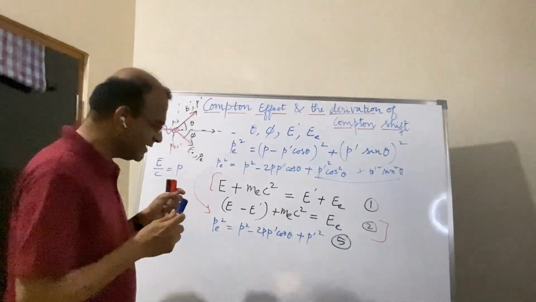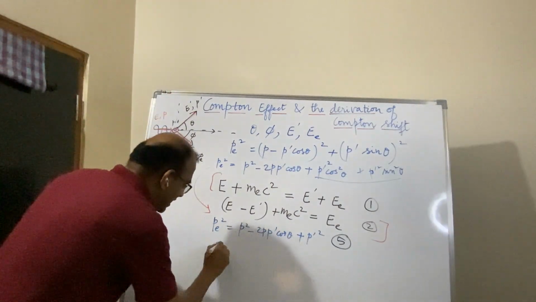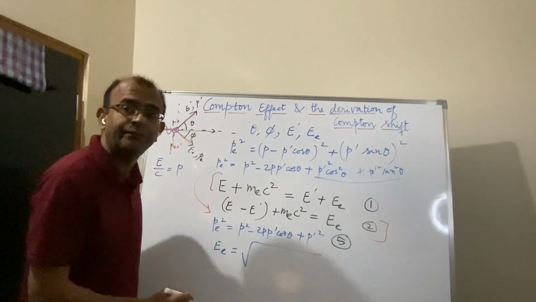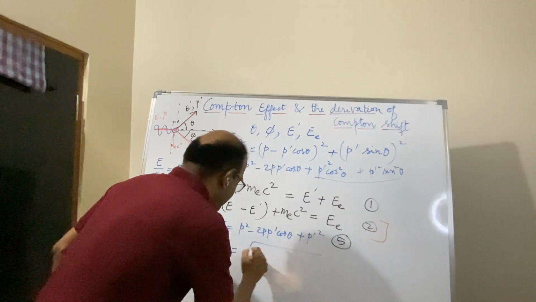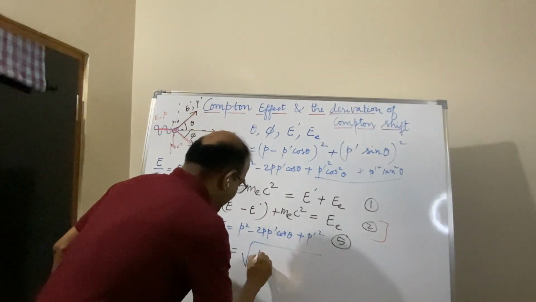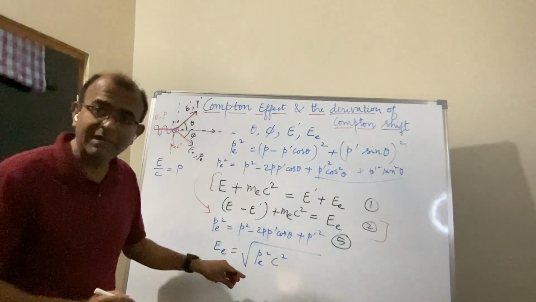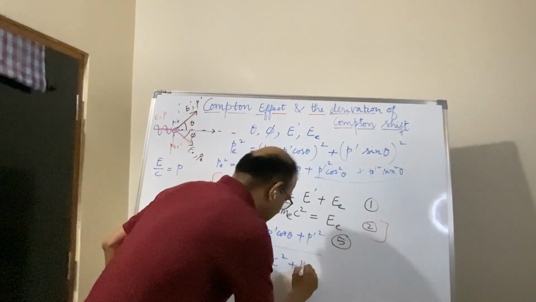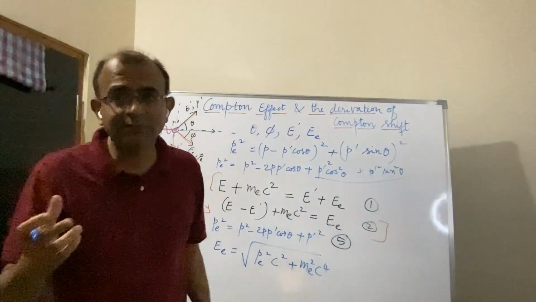So we have to use the relativistic expression for the energy of the electron, and Ee I write as square root of Pe squared c squared, that is momentum squared times speed of light squared, plus me squared c to the power 4, which is the square of the rest mass energy.